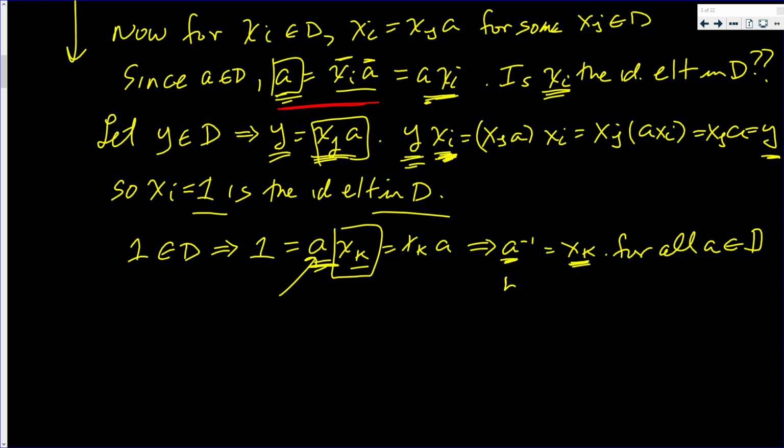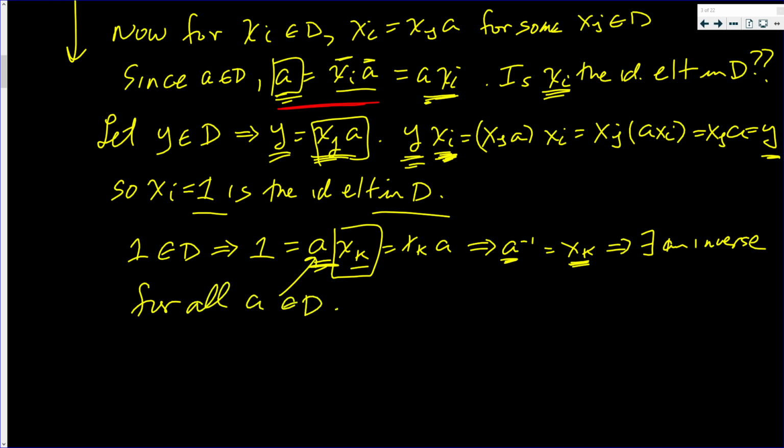I'm not saying that b is in the domain and b inverse is xk. I'm not saying that. Let me say it differently. So this implies that there exists an inverse for all a in the domain. Hence, D is a field. And that completes the proof.